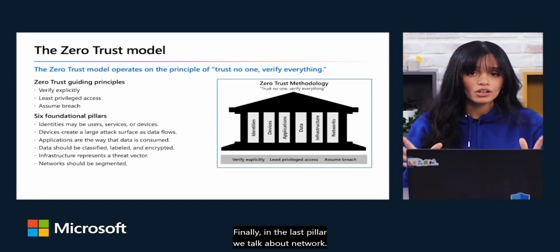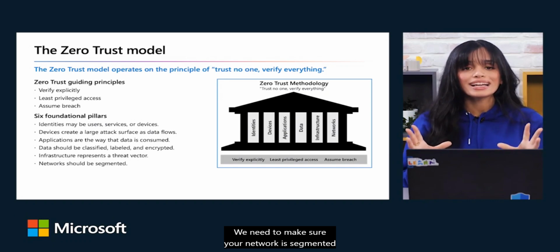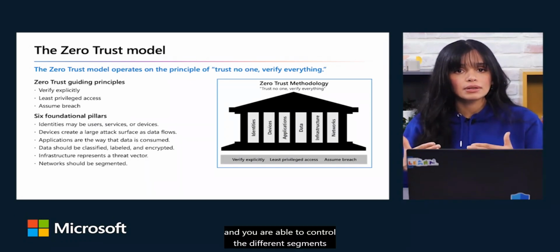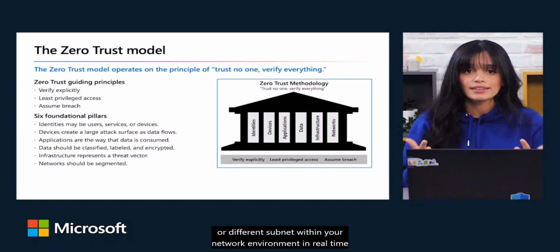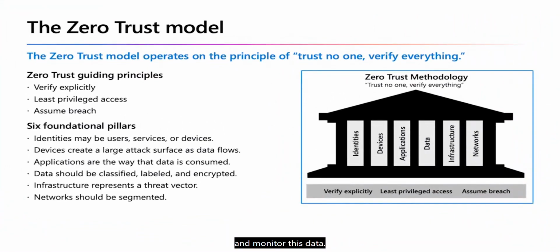Finally, in the last pillar, we talk about network. We need to make sure your network is segmented and you are able to control the different segments or subnets within your network environment in real time and monitor this data.